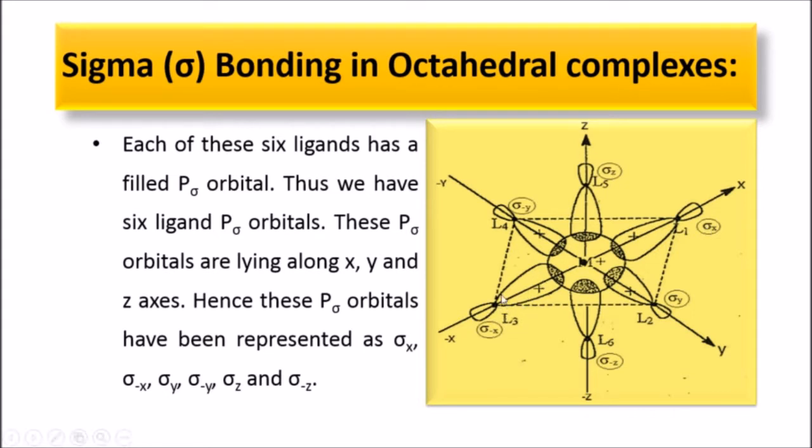At the same time, in the opposite direction, the p sigma orbital of ligand 3 interacts with the s orbital, and that is represented as sigma minus x. Similarly, we have sigma plus y, sigma minus y, and sigma plus z, sigma minus z. So these 6 interactions of the p sigma orbitals of the ligand group are represented over here.